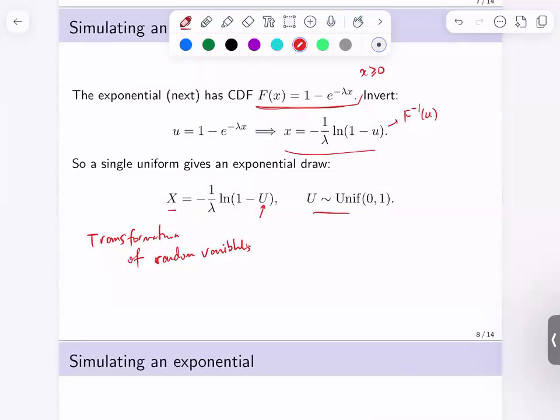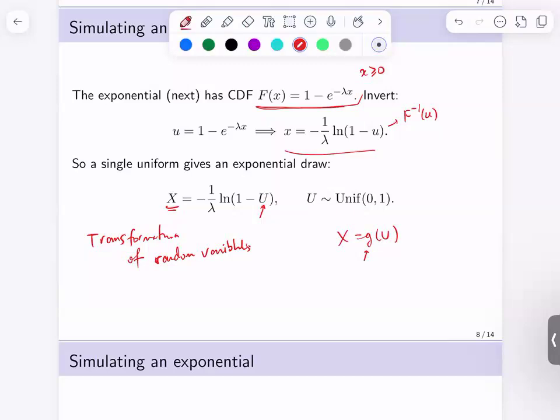There are other ways of finding the distribution. For example, there's a general rule to calculate the PDF of X. If X is g of U, and g is differentiable, I can calculate the PDF of X from the PDF of U, and in this case it will give you the same answer.